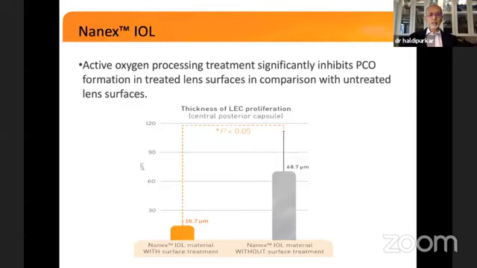This study shows that active oxygen processing treatment can significantly inhibit PCO formation on a treated surface in comparison with an untreated surface.